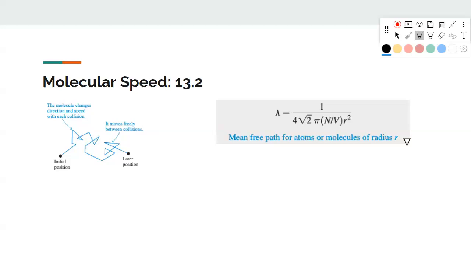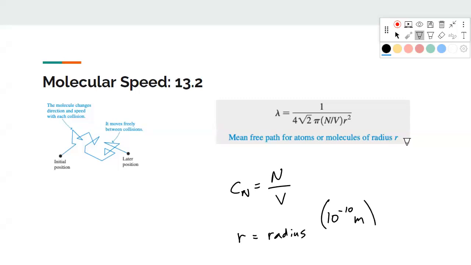All we need to know are the so-called molar density, sometimes called the number concentration, which is the number of molecules over the volume, and R, which is the radius of the gas molecule. The book says you can basically use 1 angstrom as an approximate value.